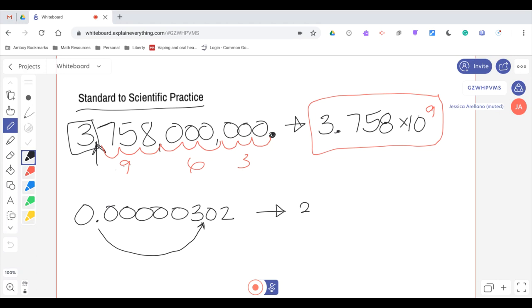So I should have 3.02 times 10. Now, because this is a very small number, this will be a negative exponent because I had to move the decimal backwards. I'm moving it to the left. So I'm going to count 1, 2, 3, 4, 5, 6 times I had to move it. So 10 to the negative 6.